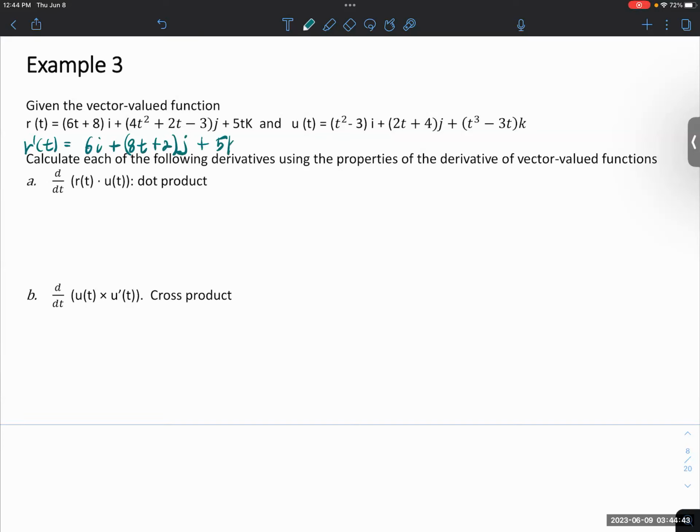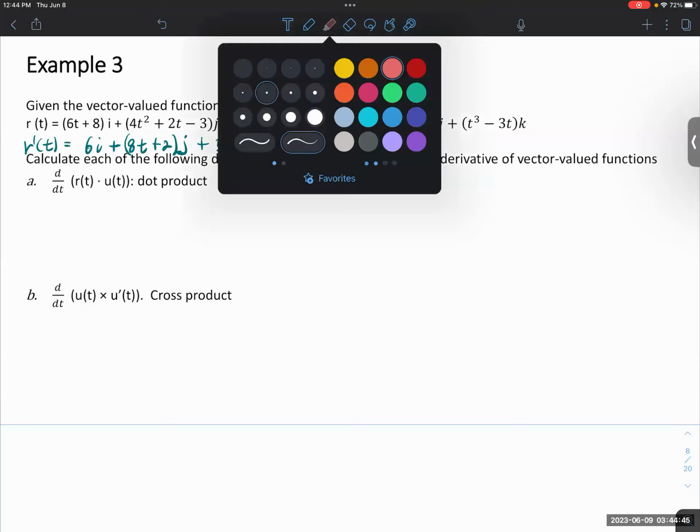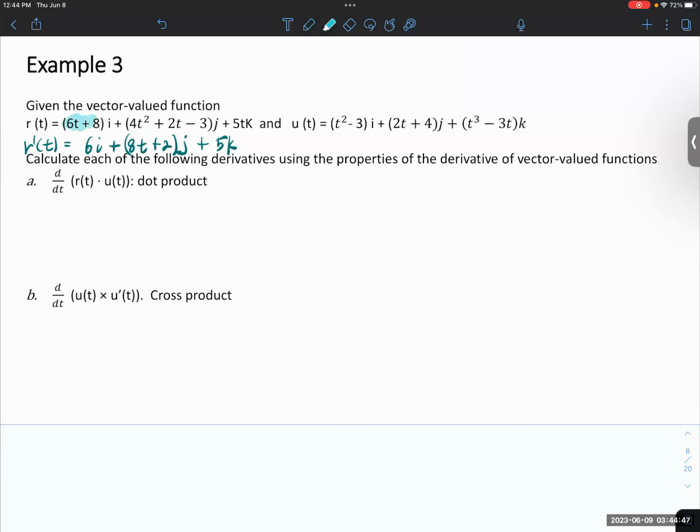This is your component, and I took the derivative, so I can find r prime. Like I said, this is the component of the u vector. So u prime will be 2t i, 2j, am I correct? And then 3t squared minus 3k. So we have r prime and u prime.